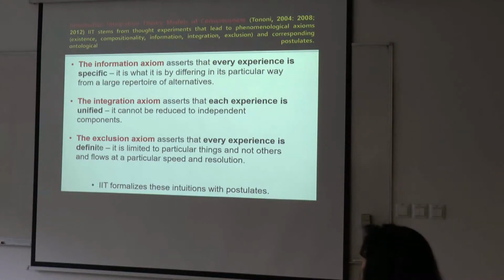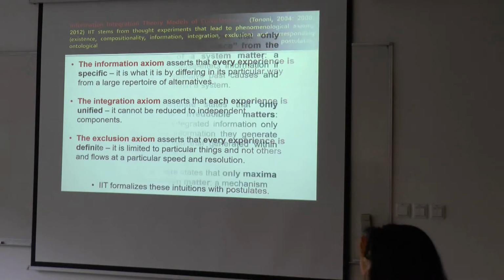Integrated information theory models consciousness based on several axioms. The information axiom asserts that every experience is specific. The integration axiom asserts that each experience is unified. And the exclusion axiom asserts that every experience is definite. IIT formalizes these intuitions with postulates.